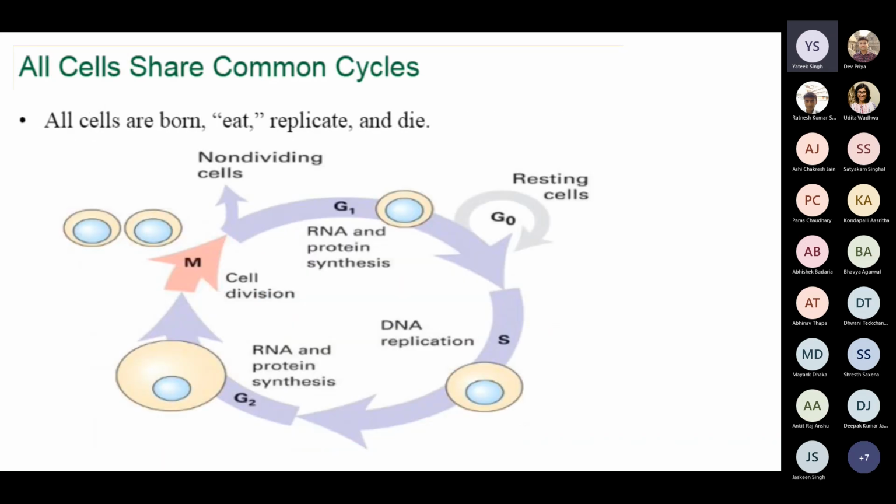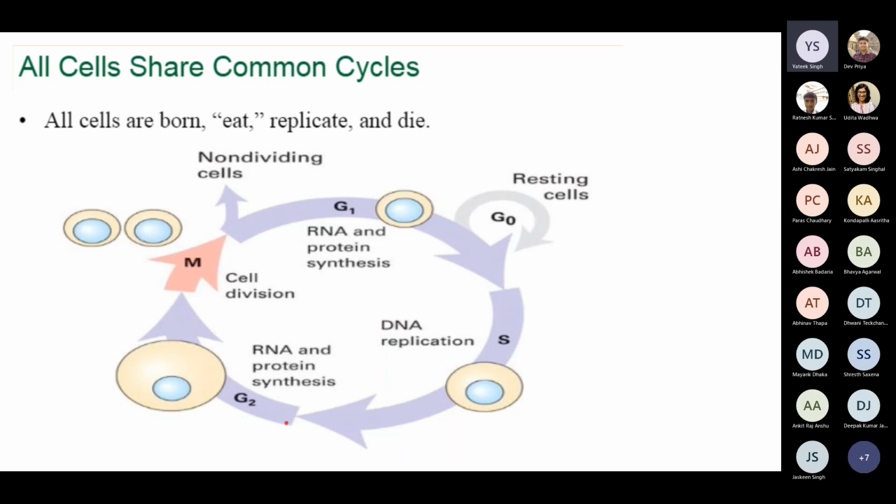A cell can have different kinds of versions. Either a cell can keep on dividing, right? When a cell is dividing, it has different kinds of phases. The first phase is where your nucleus increases in size. This is called the S phase, where it is synthesizing essentially.